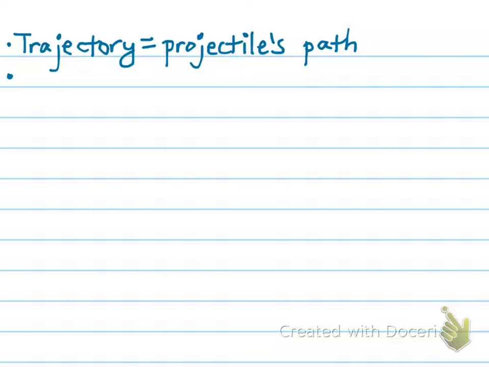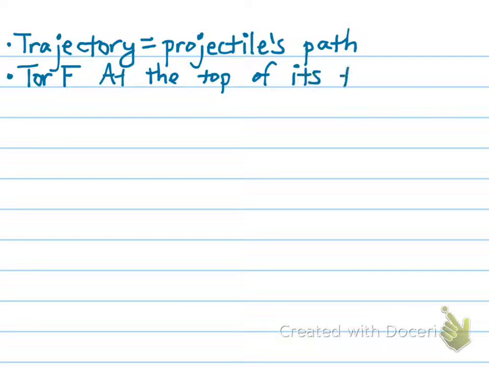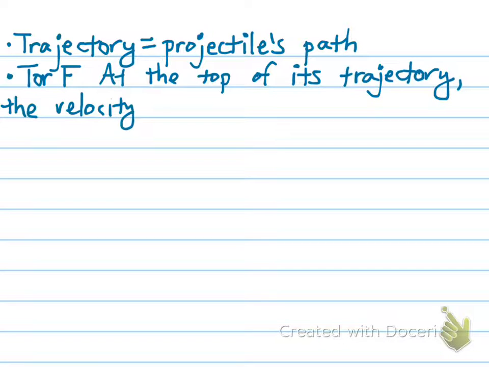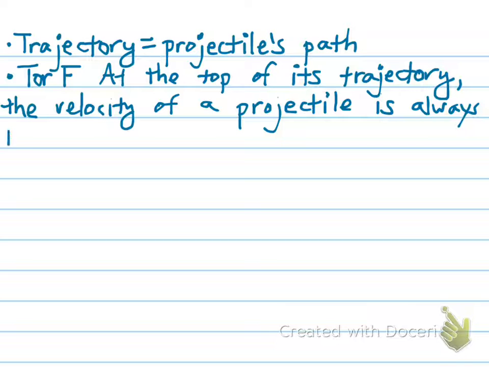So again, another little true or false question. At the top of its trajectory, the velocity of a projectile is always momentarily 0.